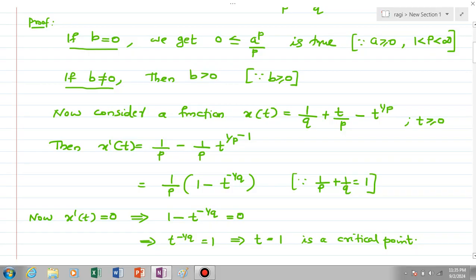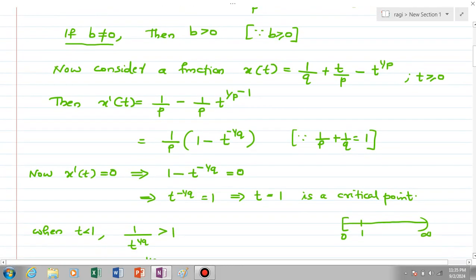Then if we check the derivative of this function, we can see that x'(t) = (1/p)(1 - t^(-1/q)). Now for searching for the critical points, putting x'(t) = 0, we get t = 1 is the only critical point.